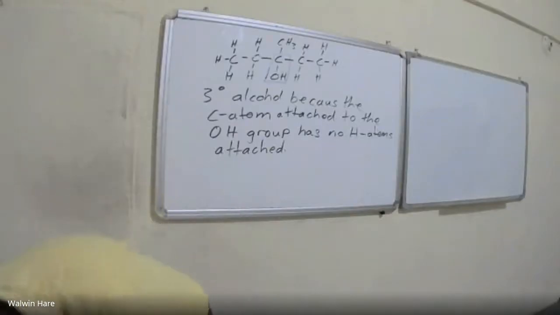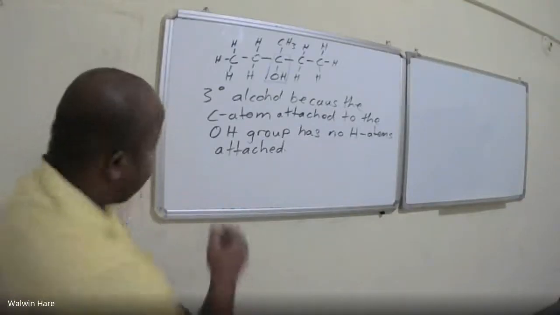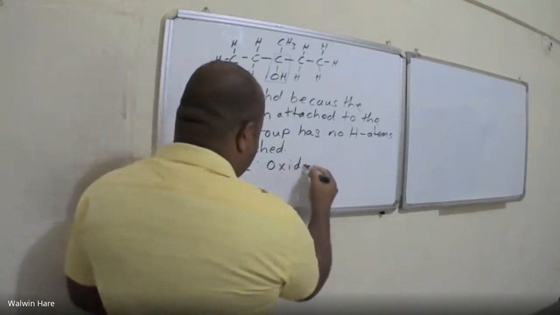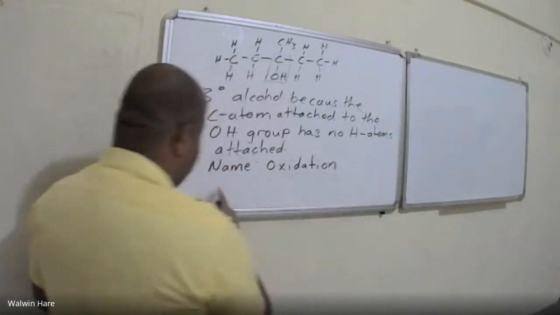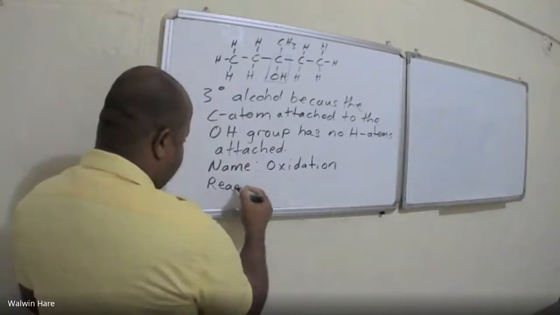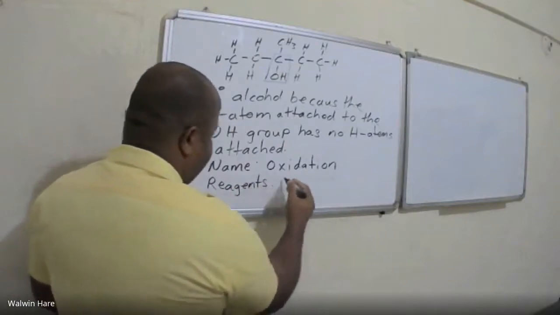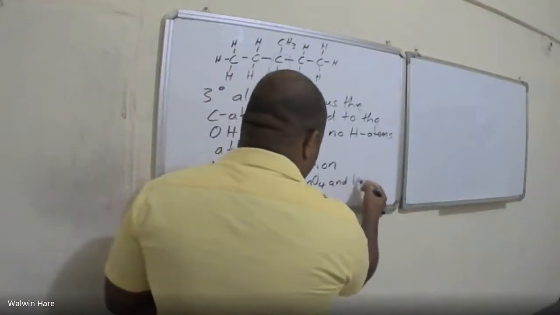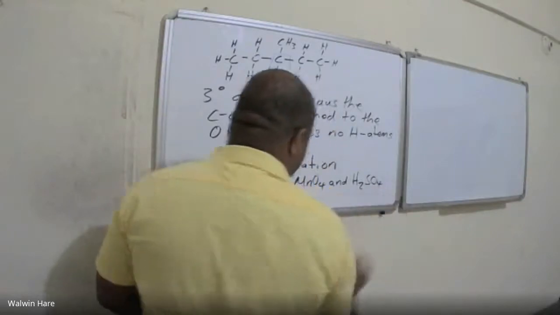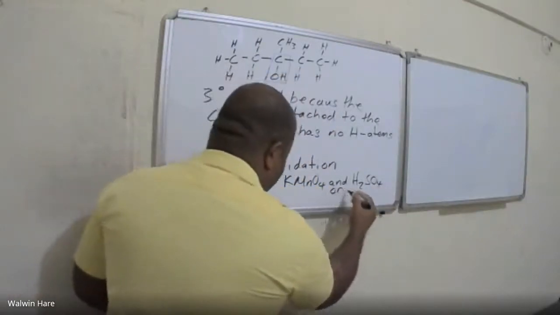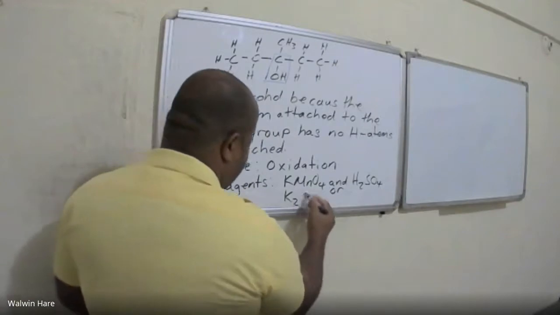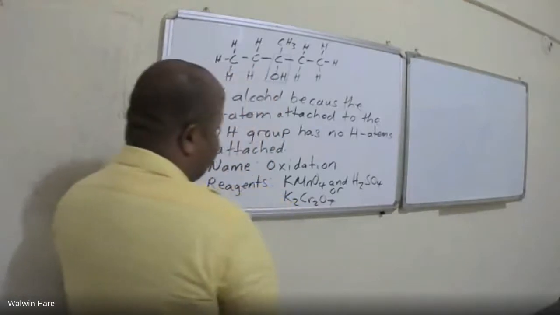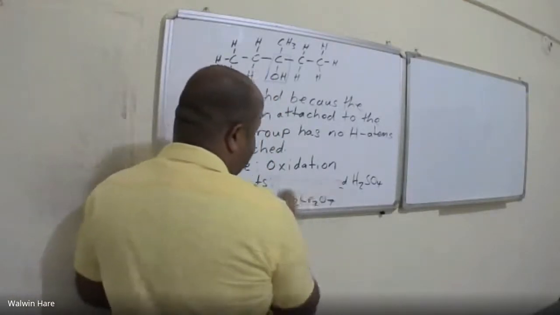So the name for oxidation, right, and the reagents we can use potassium permanganate and sulfuric acid, because remember we acidified it with sulfuric acid, or we can use K2Cr2O7. I can just put acidified potassium permanganate.